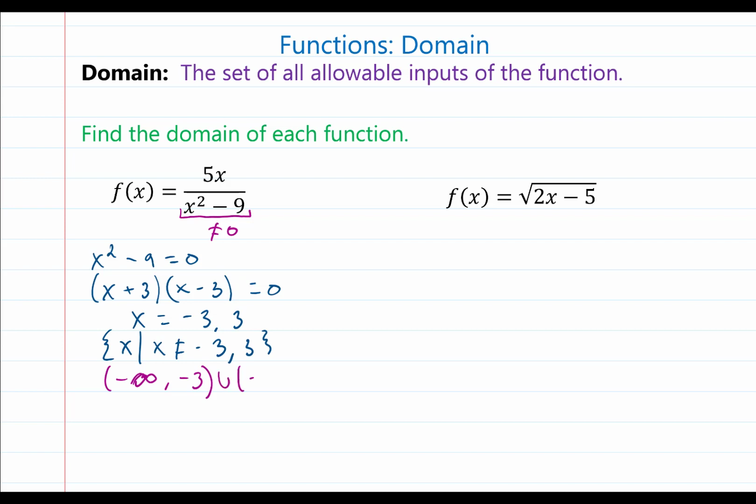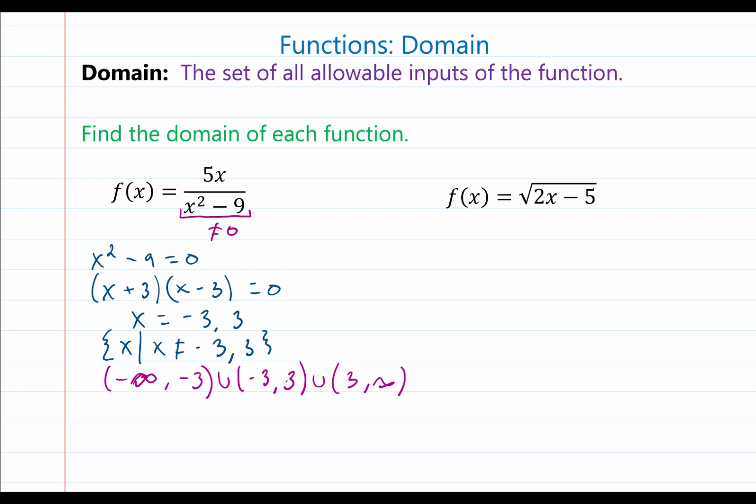We're actually going to pick up with negative 3 and go to positive 3. And then we stop there because we cannot be equal to positive 3, so we put a parenthesis there, then a union, and then we pick up with positive 3 and go to infinity. This is meaning the same exact thing, that really our domain is the set of all real numbers except for 3 and negative 3. Those are just two different ways to write the domain.